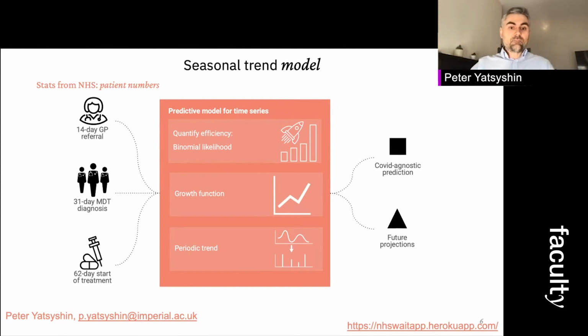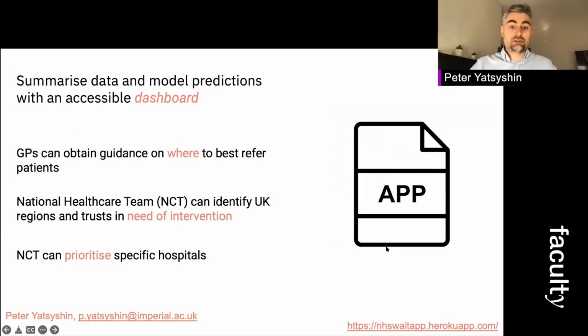And what we wish to fit to the probability of success here is some kind of growth function and some kind of periodic trends. The closest analogy would be a Facebook Prophet model. On output, we want to get a COVID-agnostic prediction, i.e. what would happen if there was no COVID? Where would the NHS efficiency be? And of course, we want to do future projections.